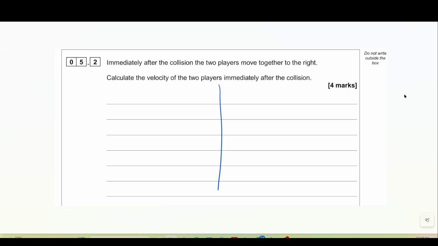No, you don't use this one. This is related to momentum. So I need the velocity. I have the mass and the initial velocities.